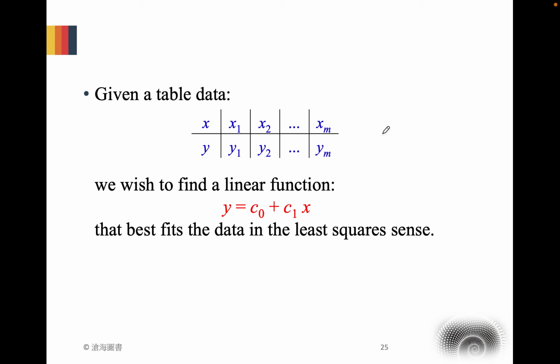So let's see some example. If you are given a set of data at the positions x1, x2 to xm, the corresponding results are y1, y2 to ym. Okay? And if we assume the relation between x and y is a straight line, so this is a straight line equation, right? y is equal to c0 plus c1x, where c1 is the slope, right?